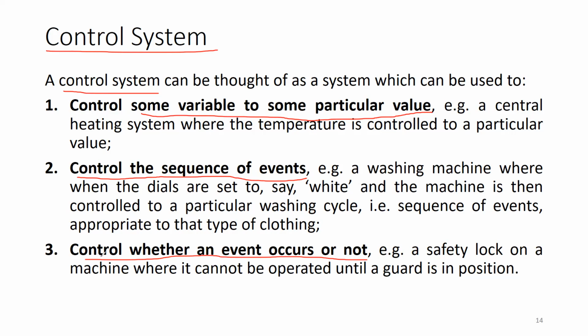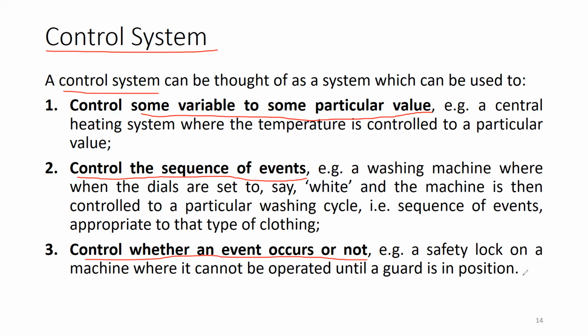Thirdly, if you want to make an event occur or not occur in a given condition, that is also controlled by the control system. An example is a safety lock on the machine where it cannot be operated until a guard is in position. Suppose a CNC machine is working, and we don't want any accident to occur.